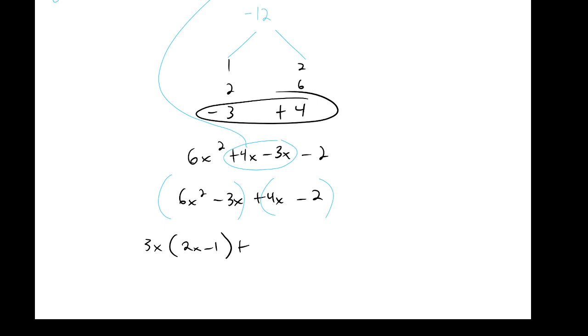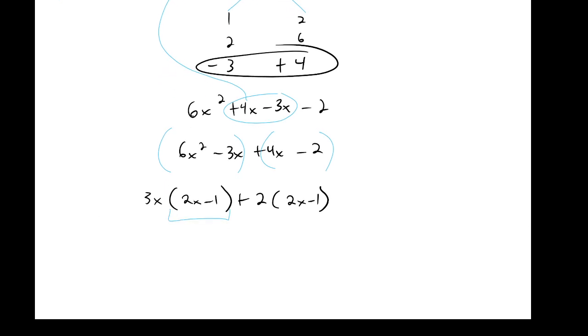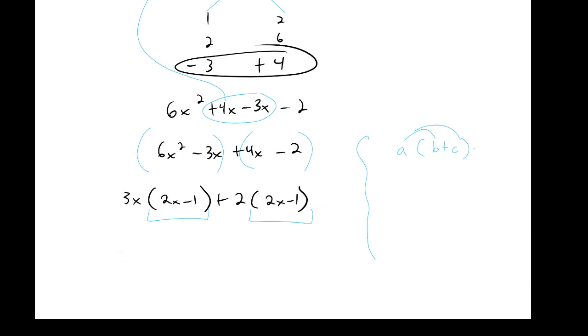Wait, let me redo that with the proper grouping. From 6x squared minus 3x, I can pull out a 3x, leaving me with 2x minus 1. Plus, what can I pull out of the other group? I can pull out a 2 out of both, leaving me with 2x minus 1. Gentlemen, look what matches here: this guy and this guy. Sidebar. If I have A times B plus C, that's the same thing in the distributive property as AB plus AC.